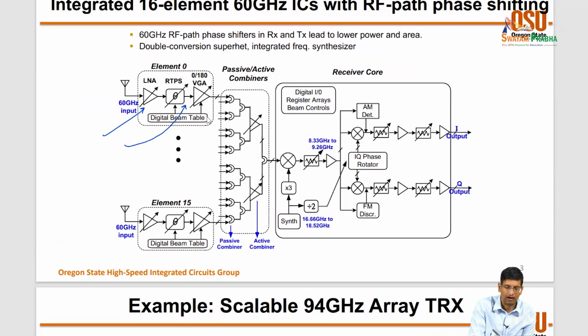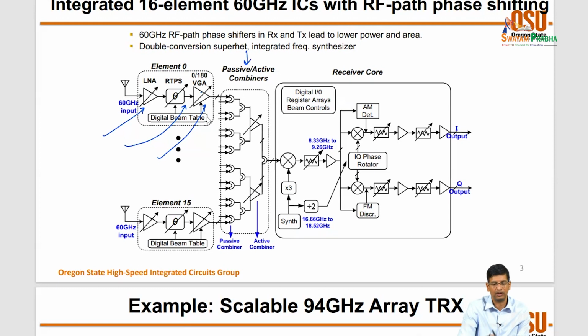We used RTPS to provide 180 degrees of fine phase shifting. We used a VGA, which also provided variable gain through current steering, and at the same time could switch the input 180 degrees. So we combined those two functionalities into one element.